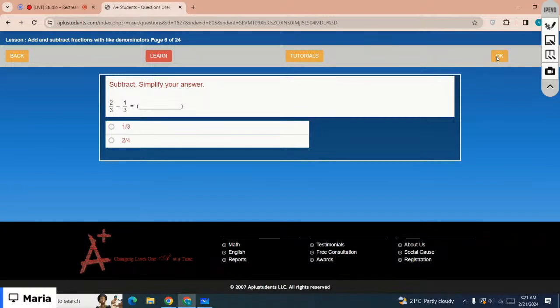The next one is 2 by 3 minus 1 by 3. So which is the correct option?